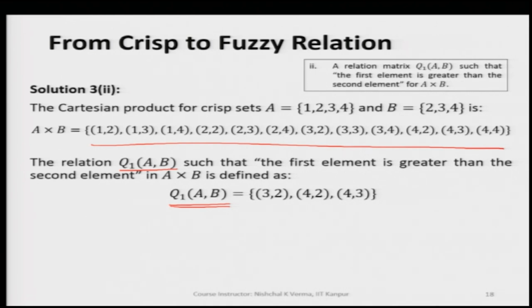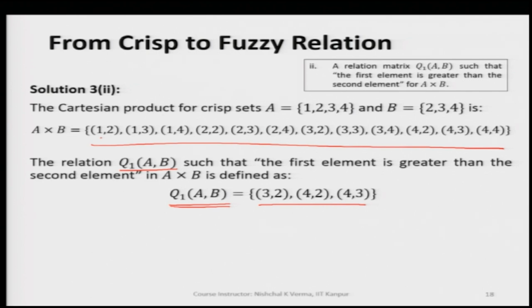So, we find 3 pairs as elements of this set Q1 A comma B. No other pair in A cross B, the Cartesian product of A and B, satisfies this condition.